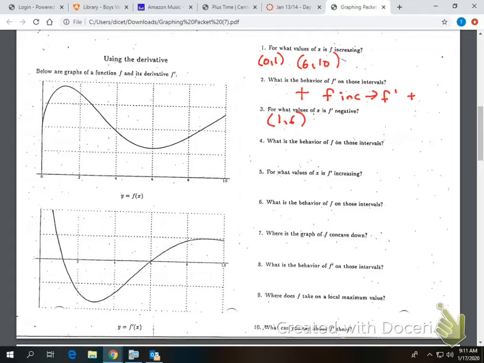It was decreasing. So we can conclude when F is decreasing, F prime is negative, or we could say the other way. When F prime is negative, F is decreasing.